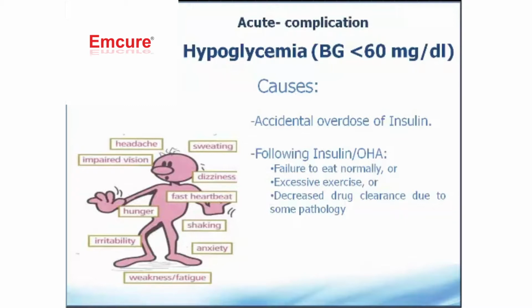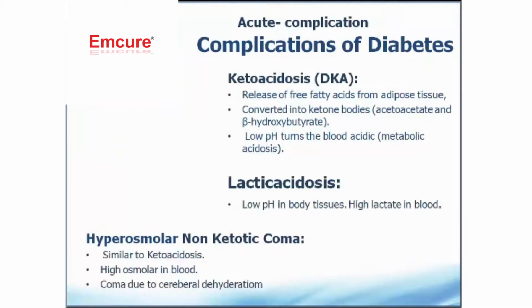Let us see the other complications. The other acute complications, as we have seen, are ketoacidosis, lactic acidosis and non-ketotic coma. All these other complications happen because of hyperglycemia.